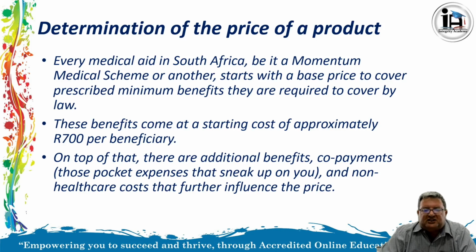These benefits come at a starting cost of approximately 700 Rand per beneficiary. Mine is lesser than that. On top of that, there are additional benefits, co-payments, those pocket expenses that sneak up on you, and non-healthcare costs that further influence the price.